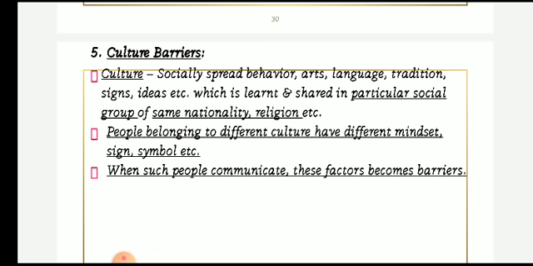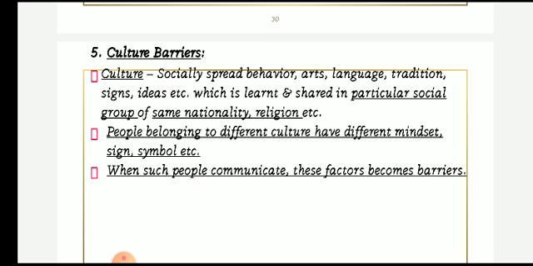The way of living, and living involves everything: the behavior, arts, language, tradition, science, ideas and thoughts, and they will be different. It is handed down, transmitted from one generation to another.